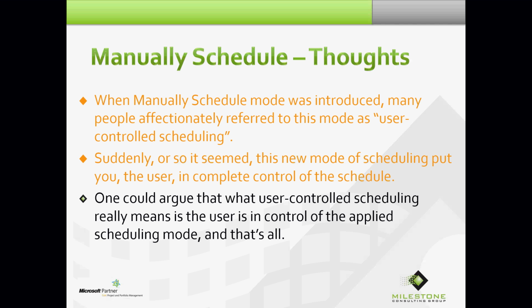In other words, you can tell Project whether you want it to be auto-scheduled or manually scheduled. That, to me, is what user-controlled is. But back in the beginning, manually scheduled mode was introduced as now you, the user, are in complete control. And I'm hoping to dispel that here shortly.